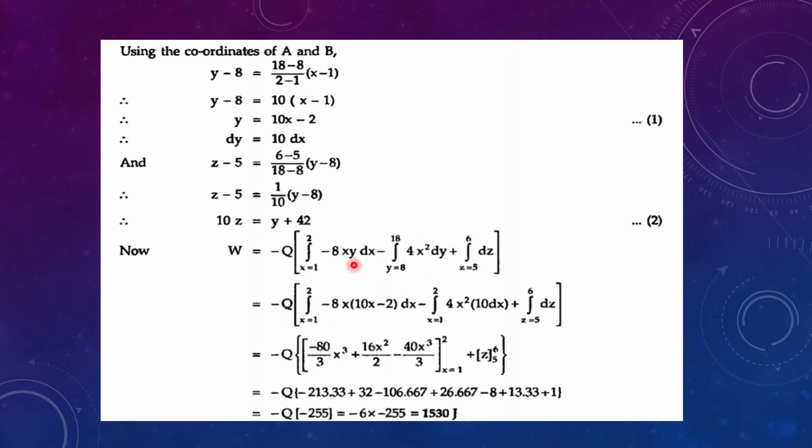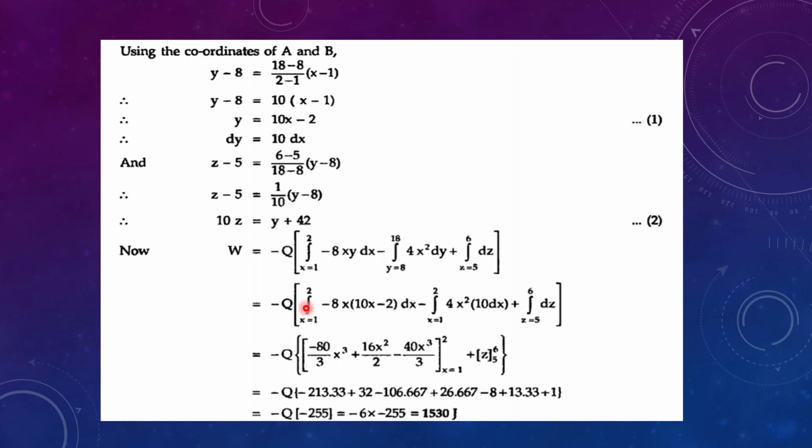So minus q, now we'll replace this y here. What is y? 10x minus 2. Put it here, dx keep as it is. 4x square. Let us replace dy by 10 dx, and we'll keep dz as it is.